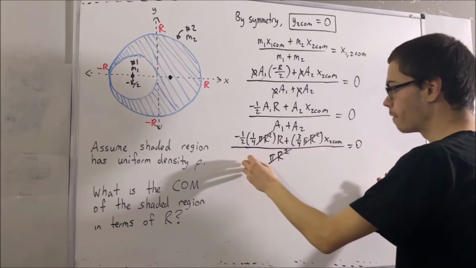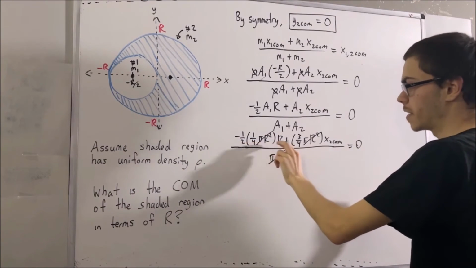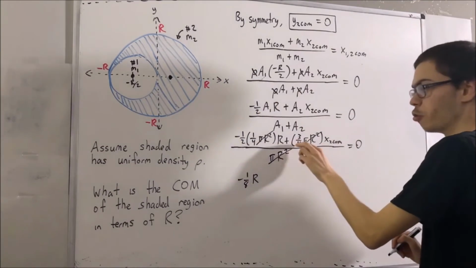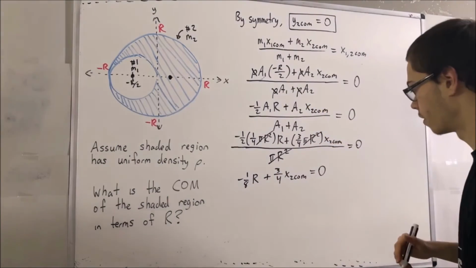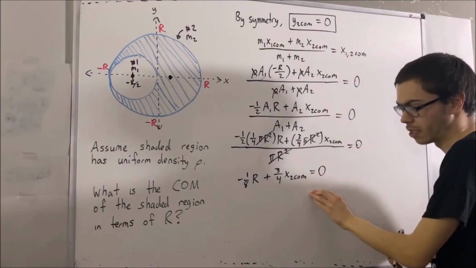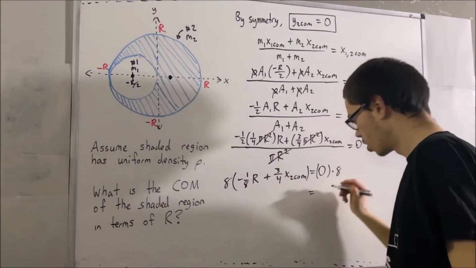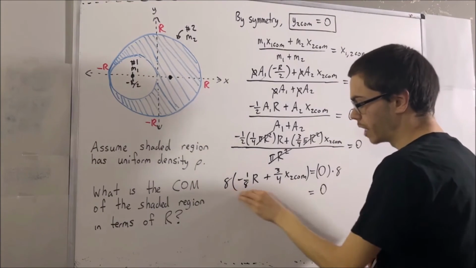So now what we have here is negative 1/2 times 1/4 times r. That gives us negative 1/8 r plus 3/4 x2 com. And let's get rid of the fractions, right? We're going to multiply by 8 on both sides. So on the right-hand side, we get 0. On the left-hand side, we distribute the 8 across.